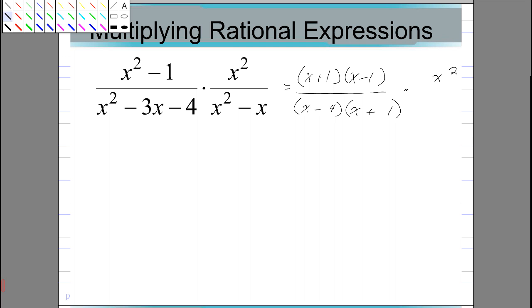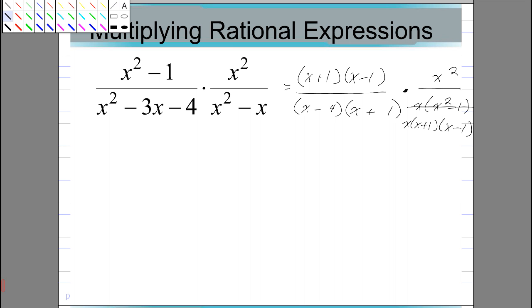Okay, we have an x squared over here. And, oh, there's a GCF in the denominator there. So we factor out an x, and we're left with x squared minus 1. Oh, we're not done, because that factors. Okay, I'm going to write this kind of messy here. That is x, x plus 1, x minus 1.